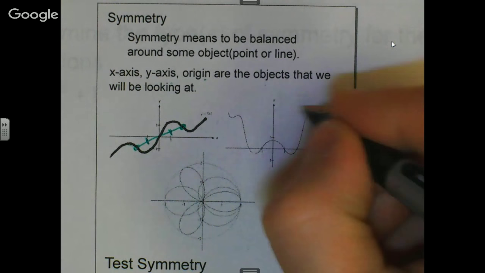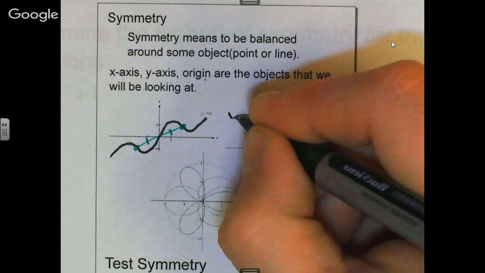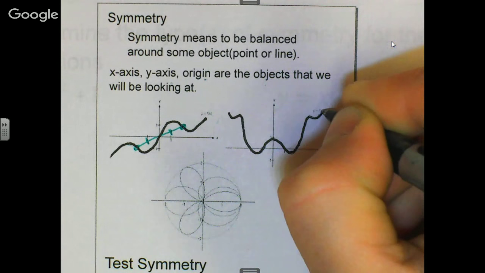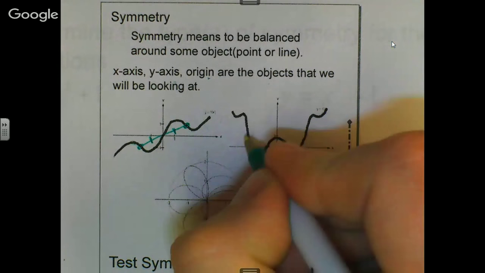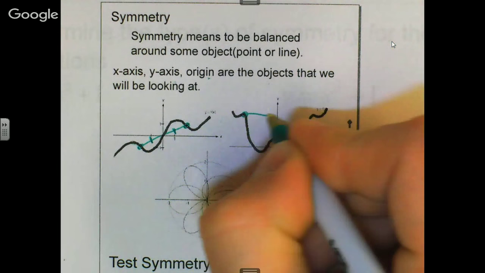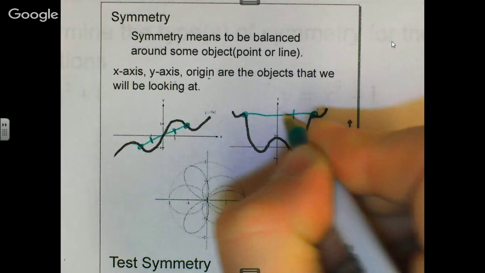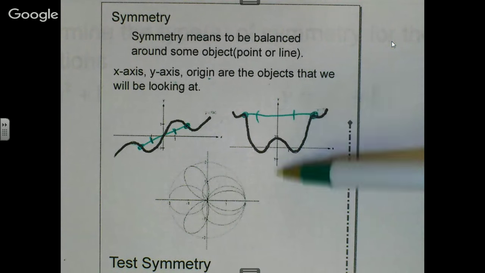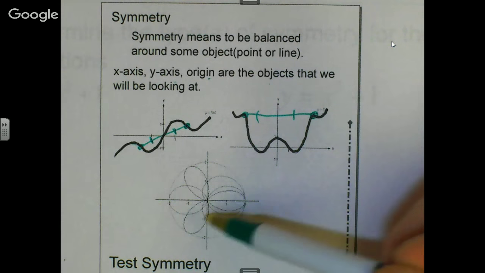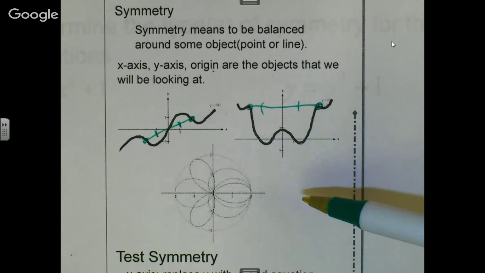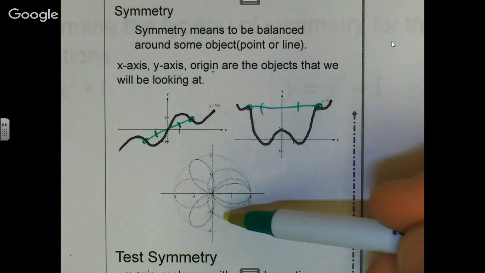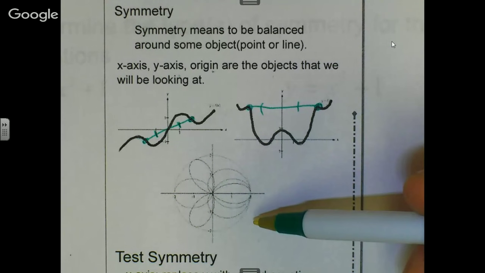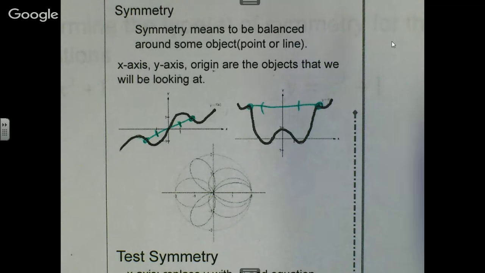Okay, so this one has origin symmetry. This one here, if I trace it out just a little bit to make it a little bit darker, if I take this point, map it to this point, those two distances are the same. So that one has a symmetry about the y-axis. And this one actually has maybe 4 or 5 different graphs on it.